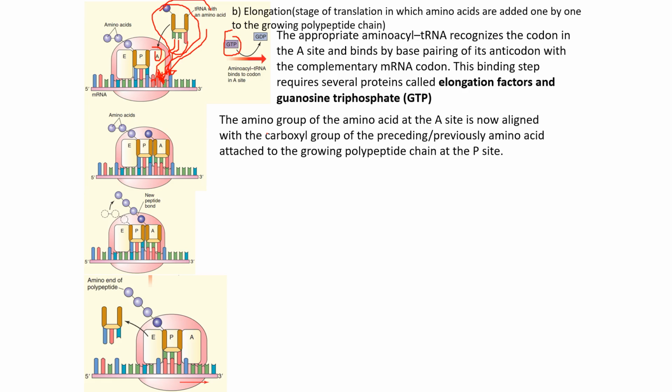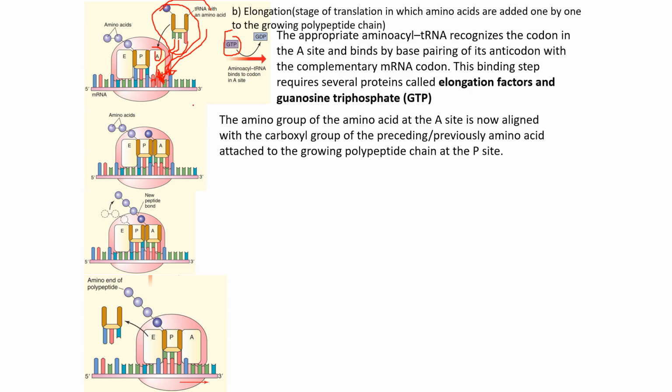Or if in the P site there is methionine, the amino group of the amino acid at the A site will be aligned with the carboxyl group of the methionine at the P site.